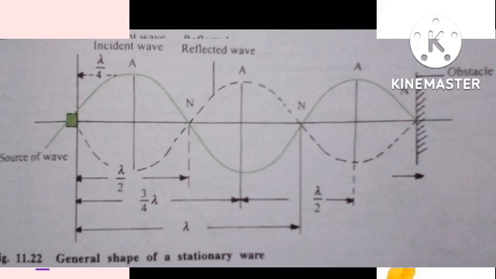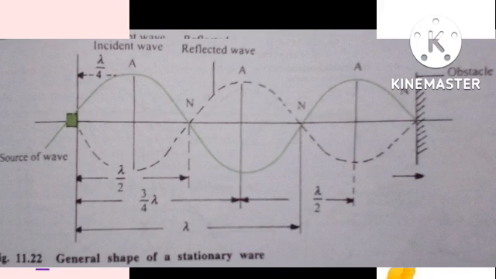In this case, you can see that this standing wave is formed by the destructive interference of two waves of the same amplitude and frequency, but they are not a whole number in phase with each other. So that means they are not in phase with each other. Now the amplitude of the resultant wave is the algebraic sum of the amplitudes of the two waves. So basically, the superposition of two waves of the same frequency and amplitude which are exactly out of phase results in the creation of a region of zero resultant disturbance.